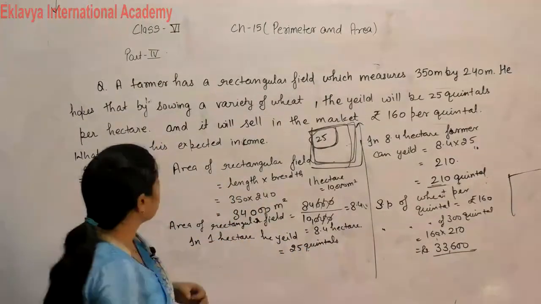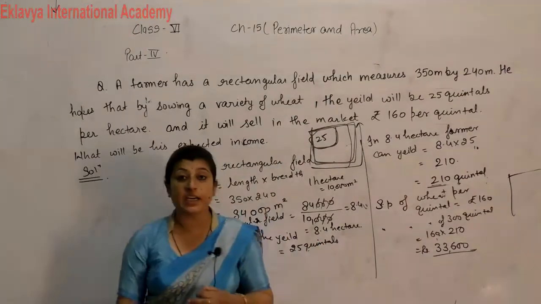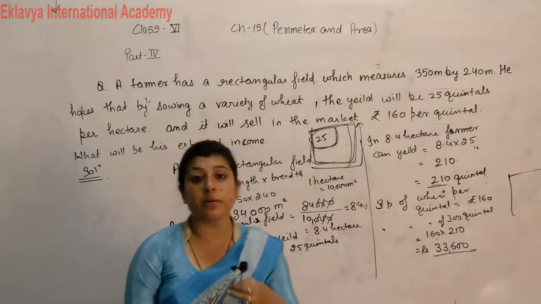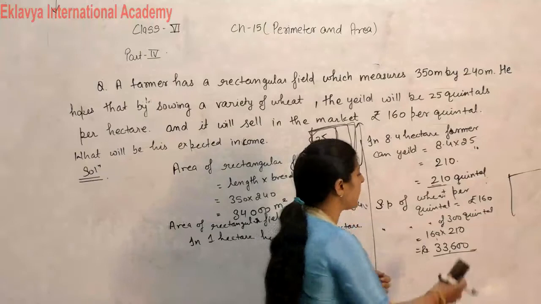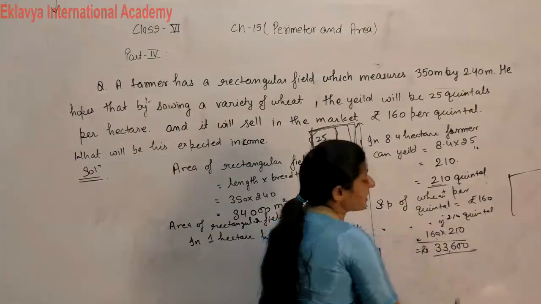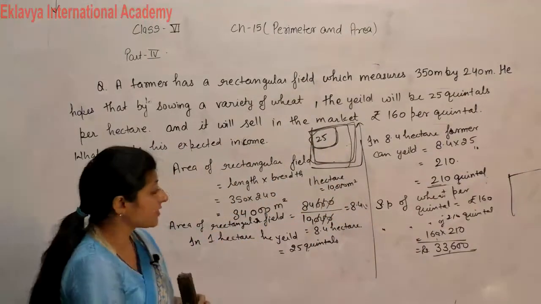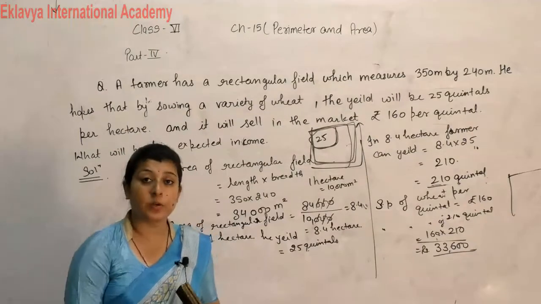And he will sell in the market at rupees 160 per quintal. एक क्विंटल का रेट है रुपीज 160. तो टोटल एक्सपेक्टेड इनकम क्या होगी? 1 quintal cost is rupees 160, then there are 210 quintal. Cost is equal to 160 multiplied by 210, that is expected money is 33,600 rupees.